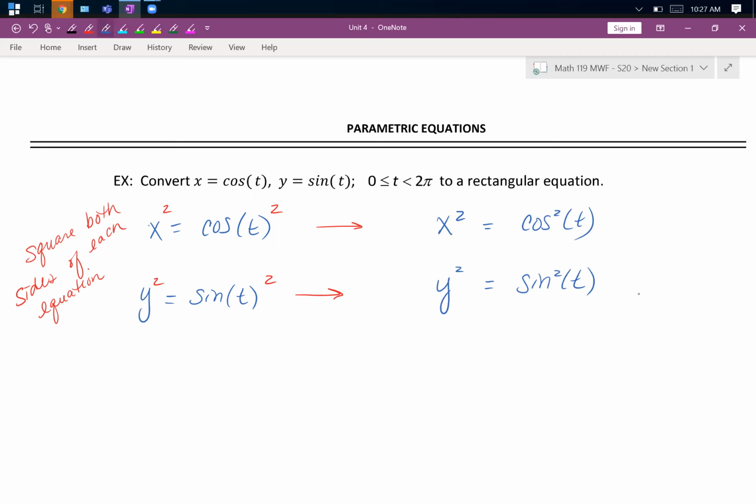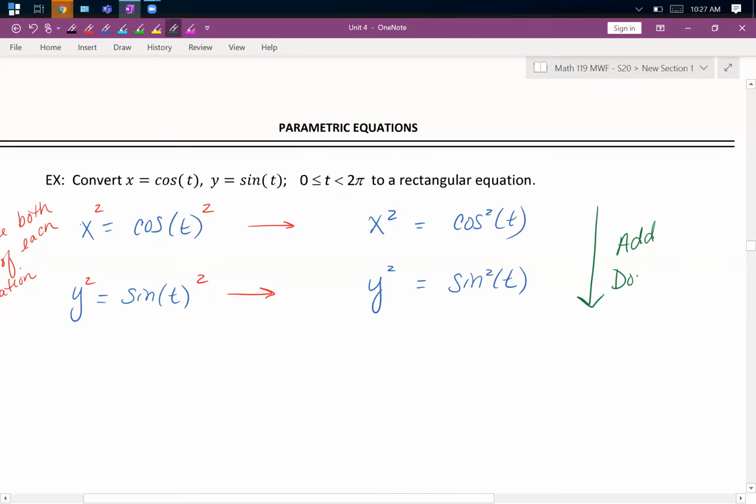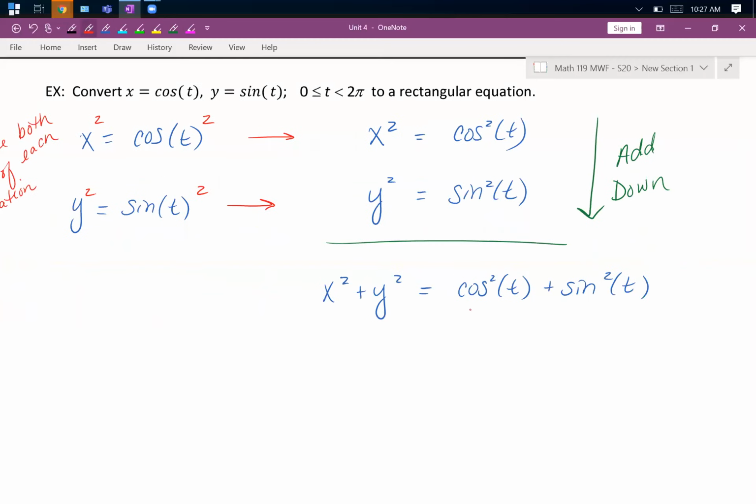Now we are going to add down. Again, this is a legal math move for us. We've done it when solving systems of equations. And when we add down, we get x squared plus y squared equals cosine squared t plus sine squared t. Anytime we see cosine squared plus sine squared, what do we think? Pythagorean identity.